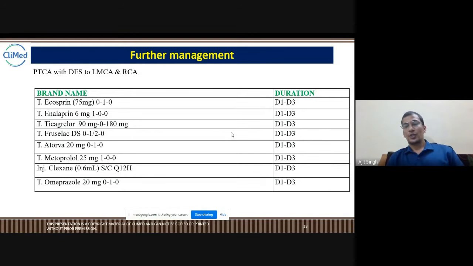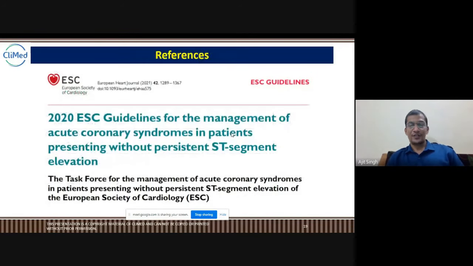Okay, guys. So now let's go to the guidelines. These are the references from where I usually read. The ESC, European Society of Cardiology, has recently released their guidelines on STEMI, everything. They have revised their guidelines for 2020. These are the guidelines I usually read, and I'll take you through them.